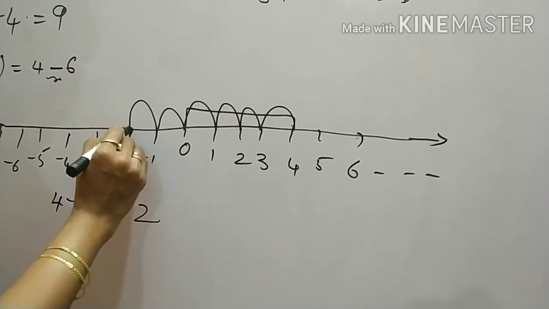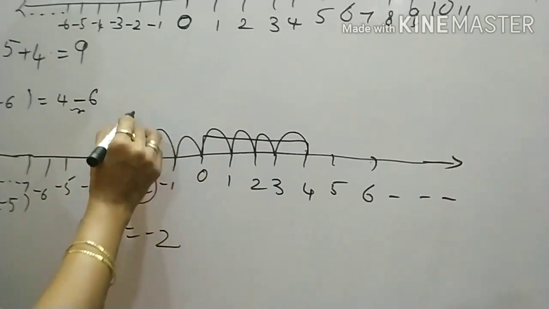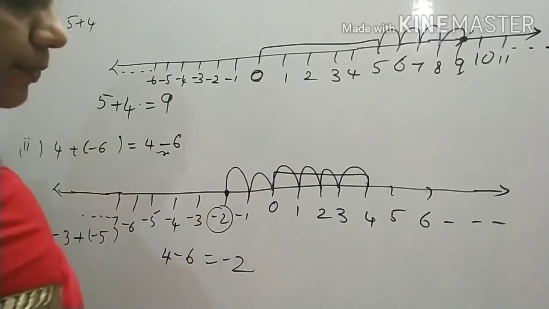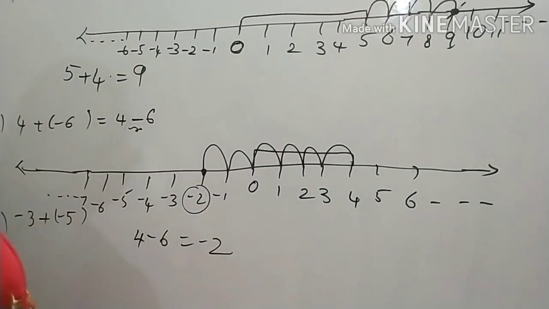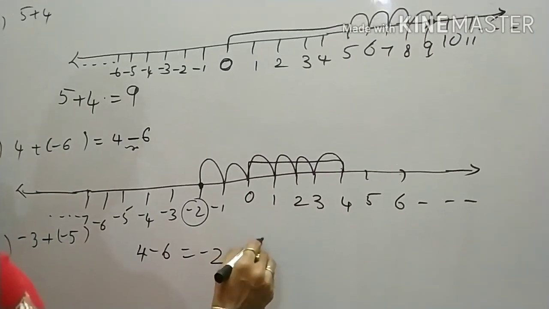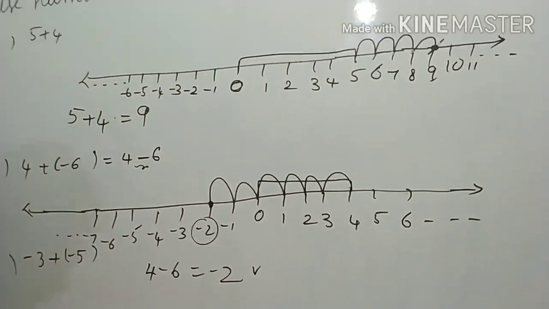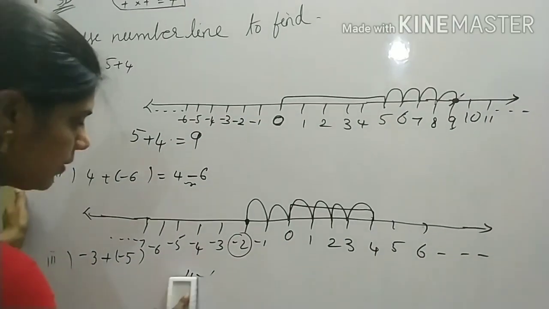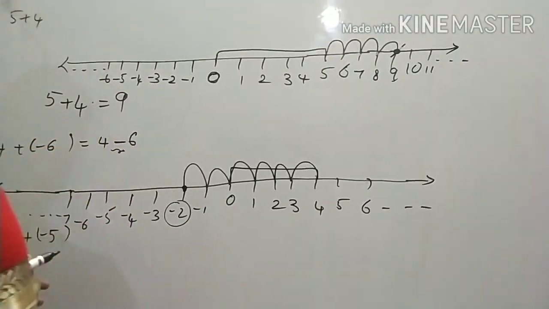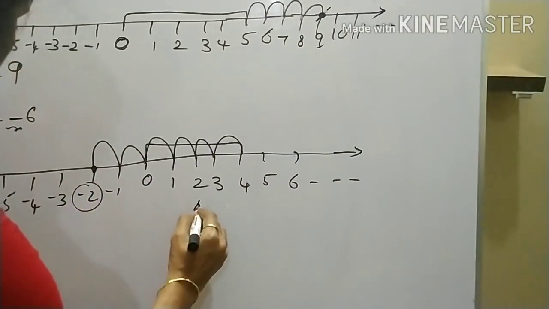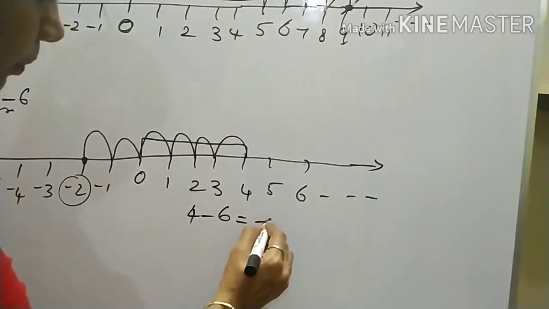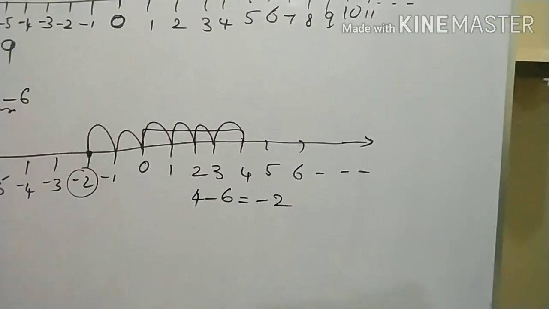What is the number you are getting after moving towards left hand side by 6 steps? Minus 2. Okay, that is your answer. So 4 minus 6 equal to minus 2.